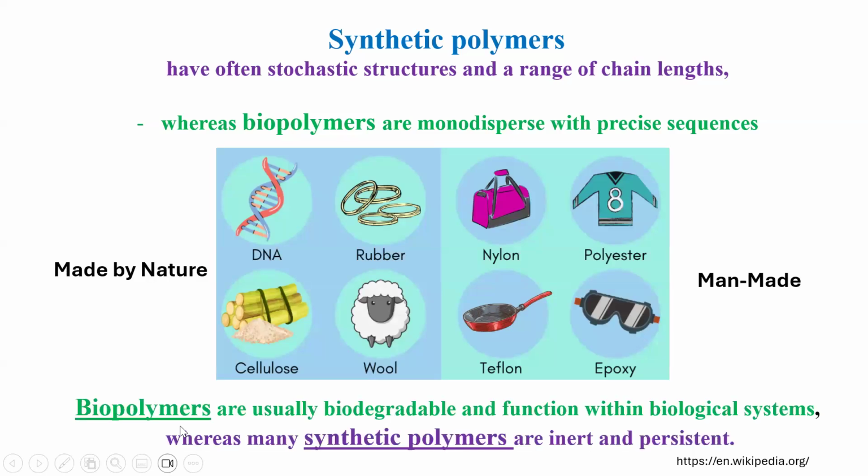So here you can see some products of both man-made and nature-made polymers, which we all know very well. Biopolymers then also are usually biodegradable, and they function within biological systems, whereas synthetic polymers are inert and persistent, and perhaps too much of that.